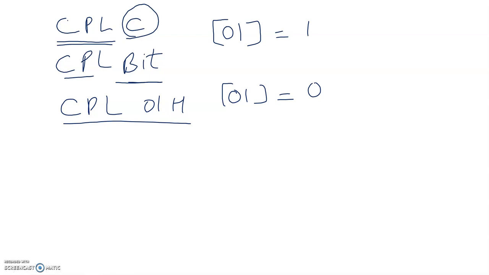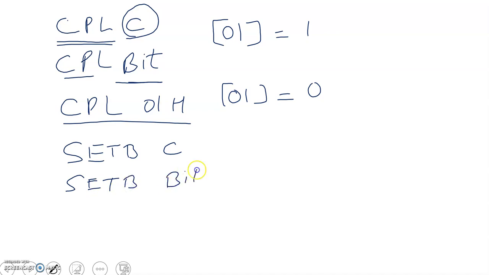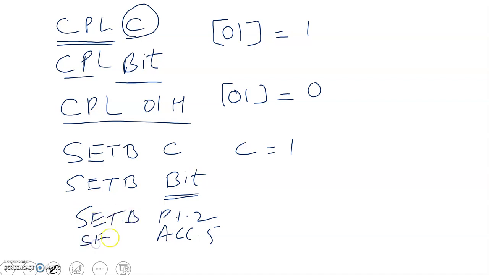Now let us take another instruction, which is SETB. SETB C, or SETB any other bit. As the name suggests, it makes the value of the carry flag equal to 1. Similarly, for any other bit, either an address or P1.2 or ACC.5, if I use the SETB instruction with them, it is going to make these bits equal to 1.